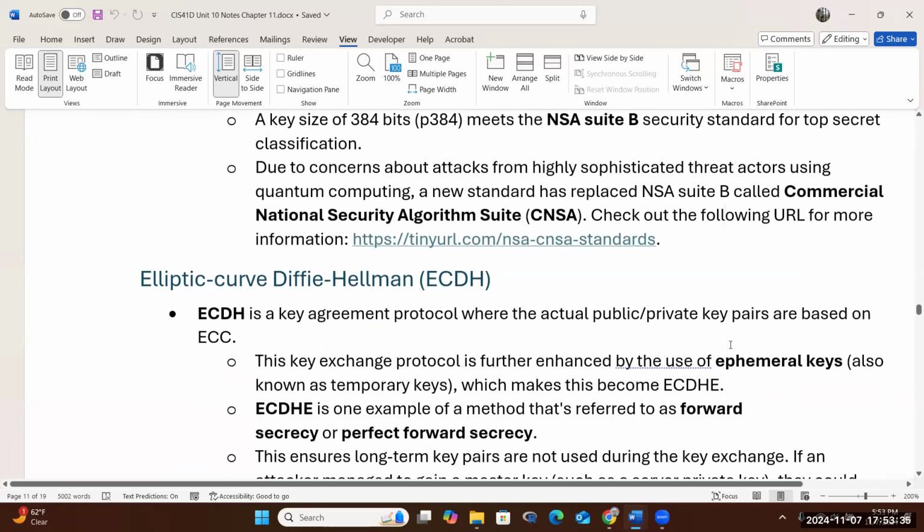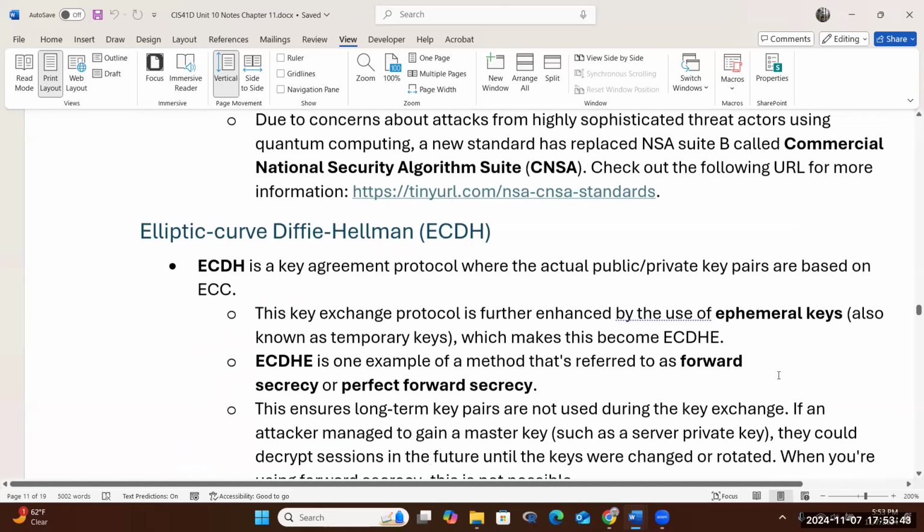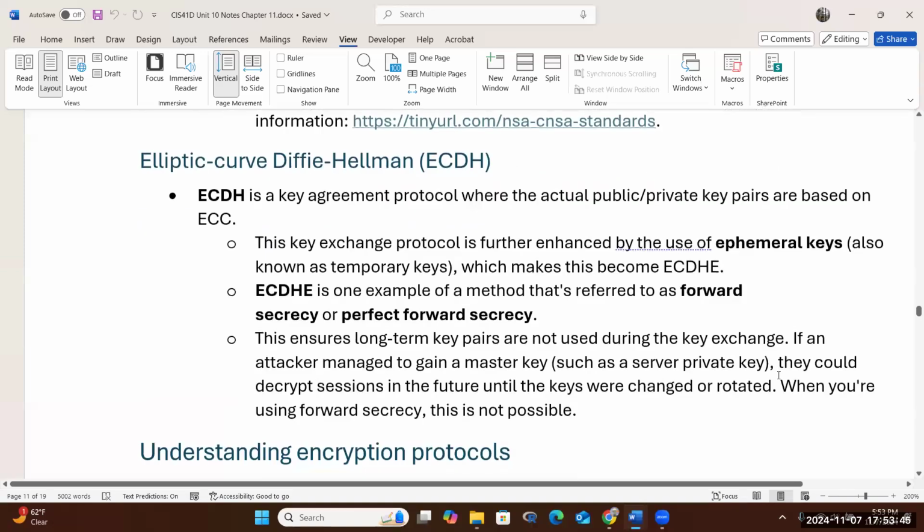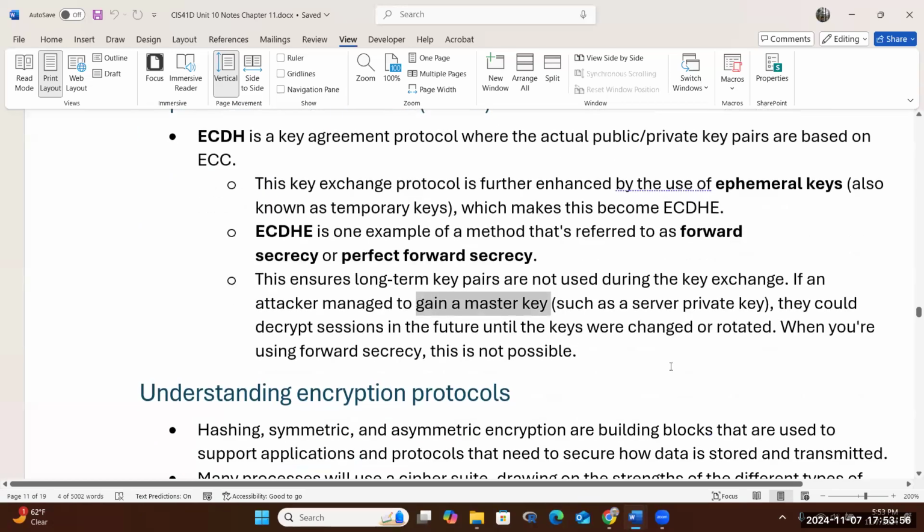And then we have elliptic curve Diffie-Hellman, your ECDH, which is combining the technology, and it uses ephemeral keys. So there is forward secrecy, and that's used for how you can access the master key, right?